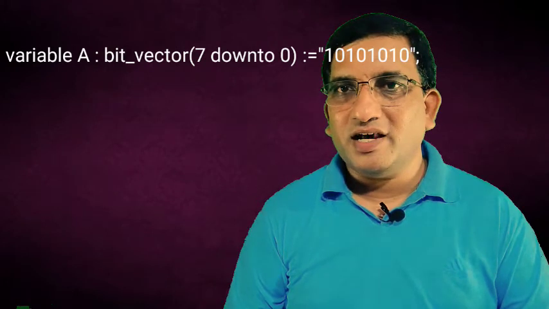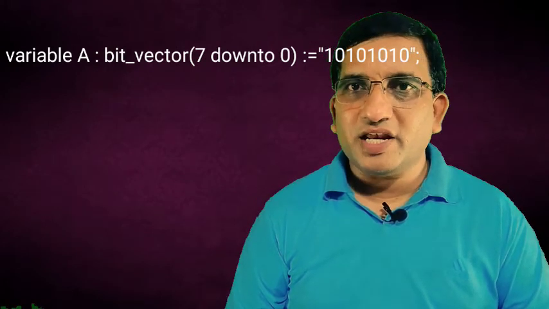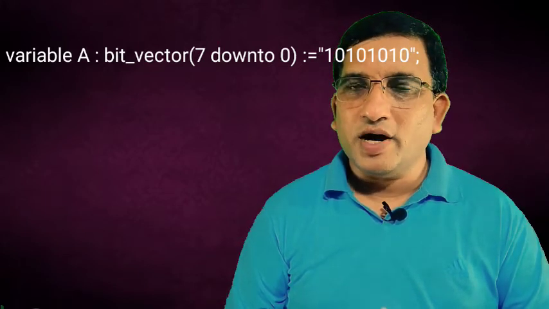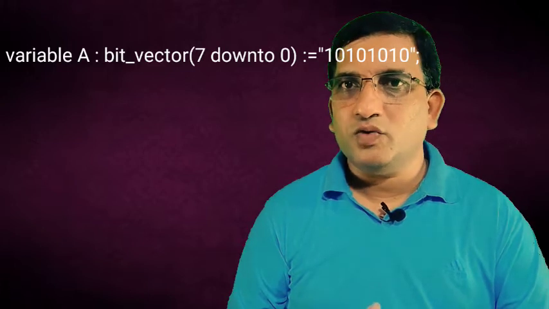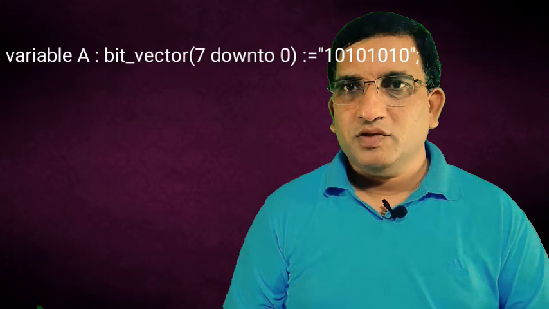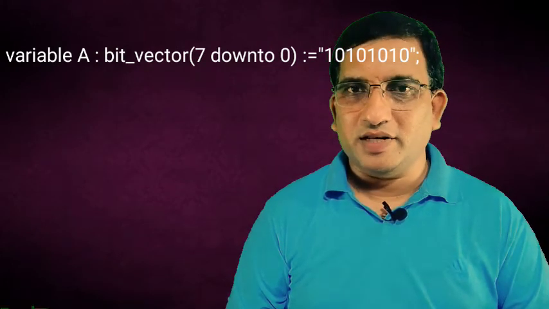So that will declare one variable which is of 8 bits, and I will initialize some values in this variable A as 1 0 1 0 1 0 1 0, an 8 bit value. You can consider any other group of bits in this variable.